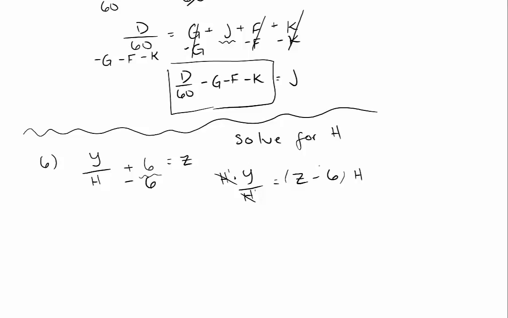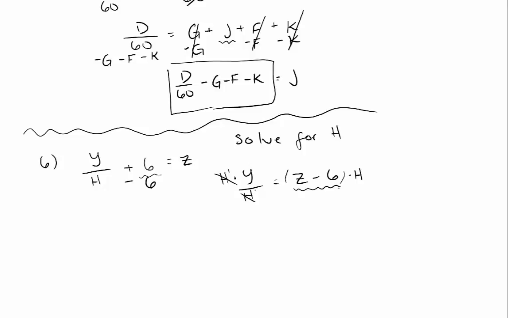If it was just a letter or a single number, we just multiply by h, and that's all there is. But because there's an expression over here, z minus 6, we need to make sure that whole expression gets multiplied by h, so we put parentheses around it, just like we would need to distribute it, except I'm not going to yet because I want to solve for h. So just remember to put parentheses around anything like that.